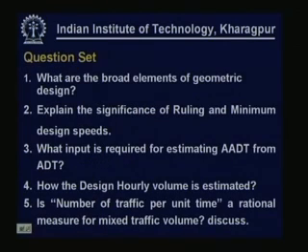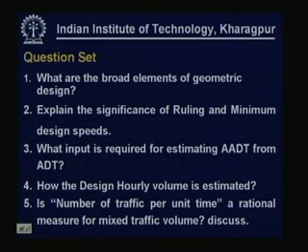Now, you can try to answer these questions. What are the broad elements of geometric design? You can try to answer what are the elements, broad elements that are normally considered for geometric design process.